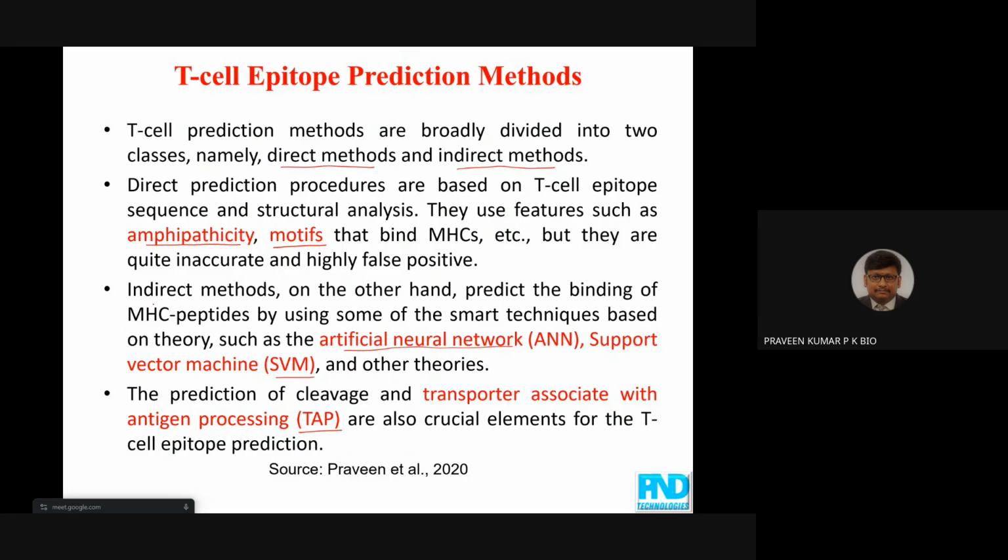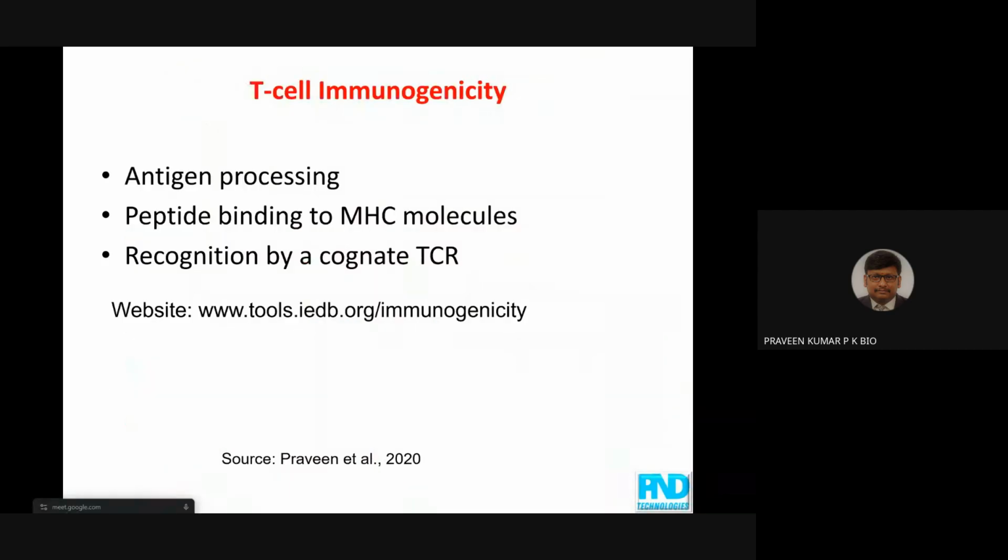I told you in MHC1 and MHC2, a 9 amino acid peptide and a 13 amino acid peptide bind on the surface. How is this binding, how is this transporting? Transporting is a different function, and we can also predict it in the IEDB itself. We have a TAP tool available in IEDB, which tells you about the presentation and processing of T cells.